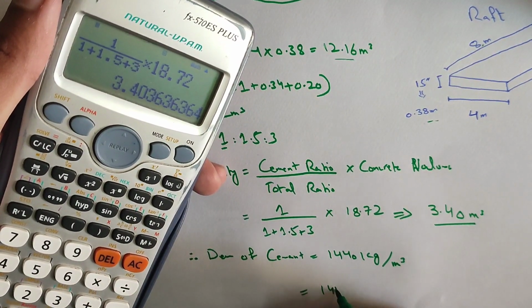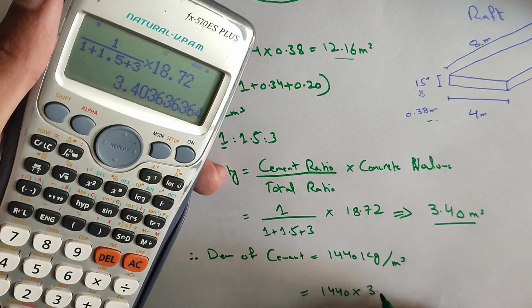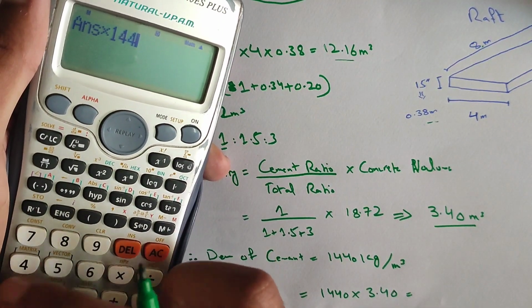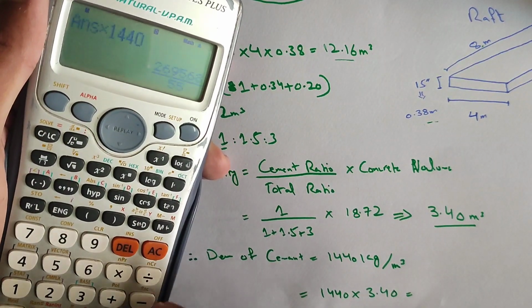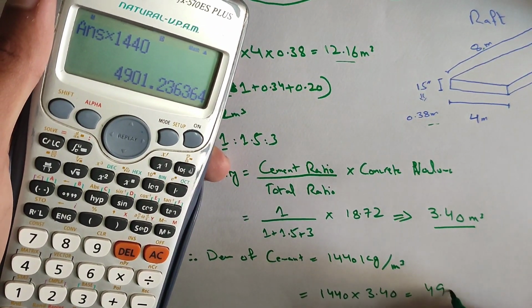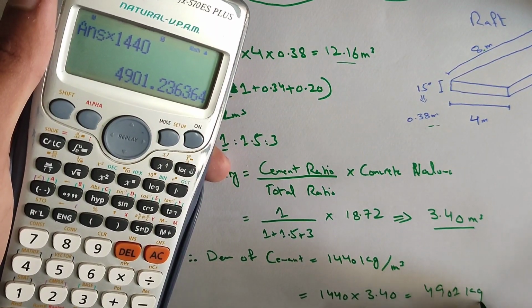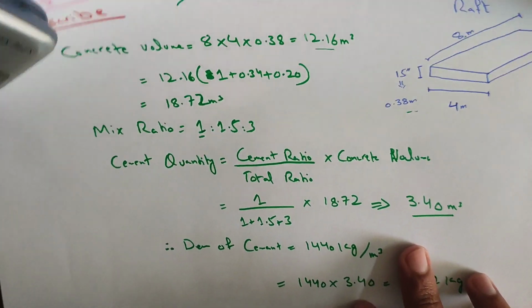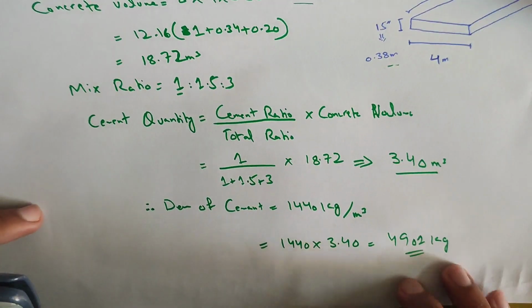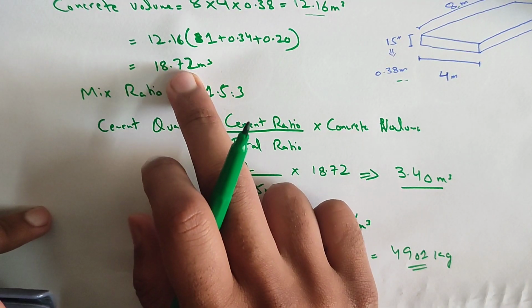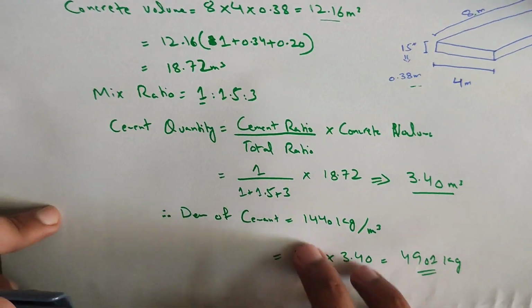We will multiply these two to get our quantity in kilogram. So multiply by 1440, and we got 4901 kilogram of cement. So this will be our final quantity of cement that we will need for this pouring and this meter cube of volume of concrete.